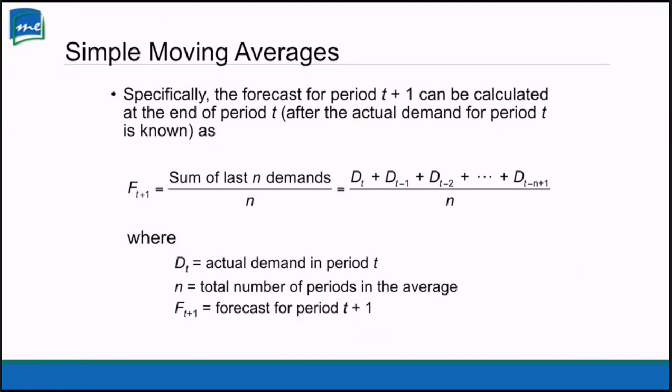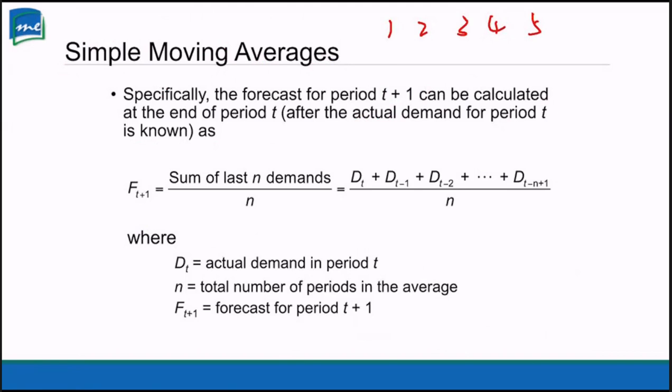So let's make it clear in terms of moving. For example, we have 5 time periods: time period 1, 2, 3, 4, 5. And we think about a 3 moving average, which means we want to choose 3 data points to make a forecast.